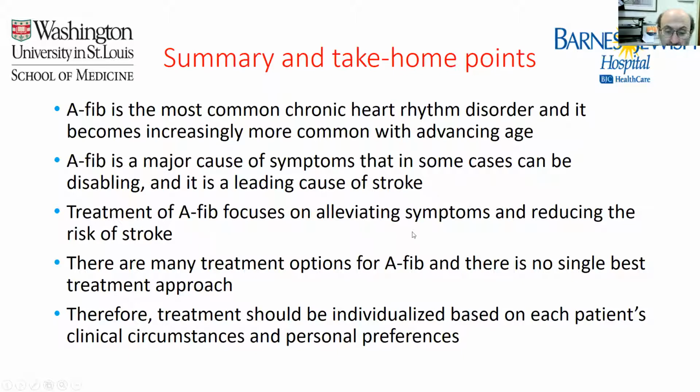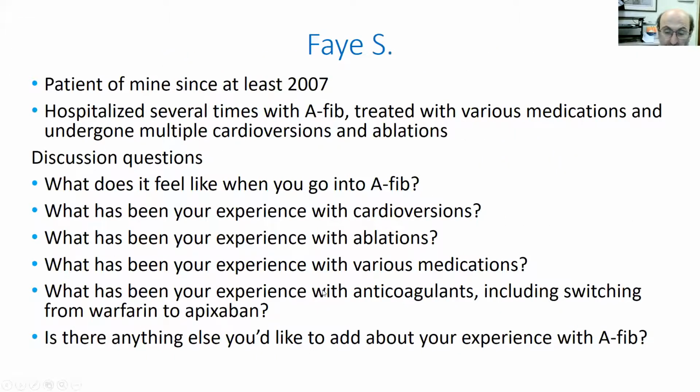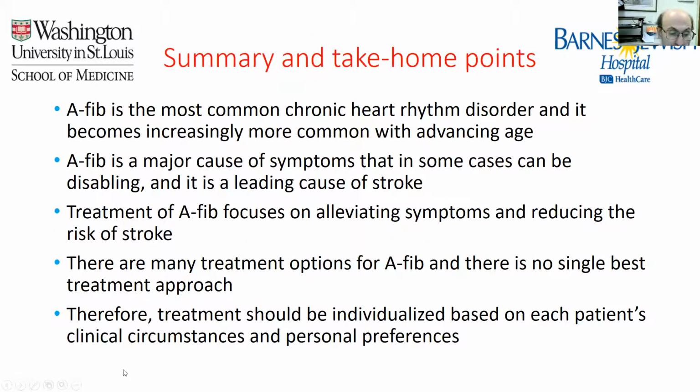Treatment of AFib focuses on alleviating symptoms and reducing the risk of stroke. There are many treatment options for AFib, and there's no single best treatment approach for all patients. So we have to individualize treatment based on each patient's clinical circumstances and personal preferences.